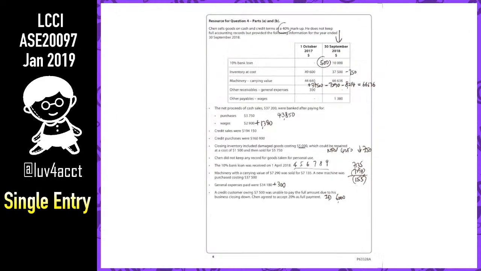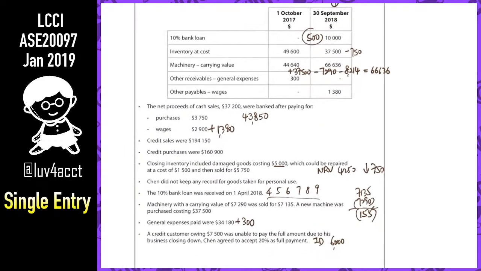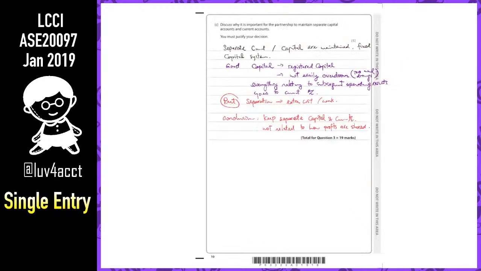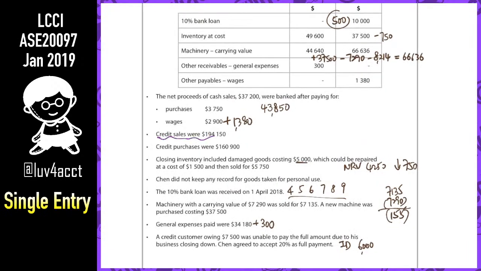So revenue. We are given the amount of credit sales, 194,150, here. Sorry.